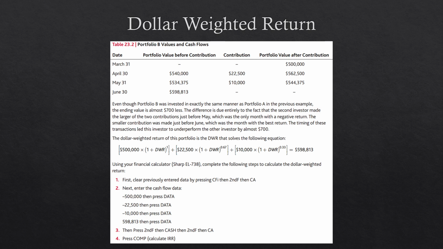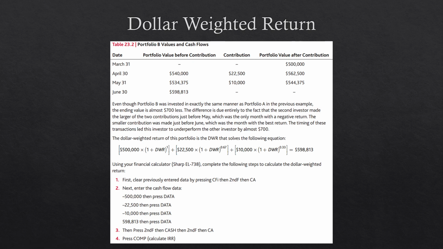There's a $22,500 contribution in April, so at the end of April there's $562,500. Portfolio then drops in value, $10,000 is added, and then in June it increases in value as well. So you want to try and figure out what the return on this portfolio is, given that there have been some contributions for different months.